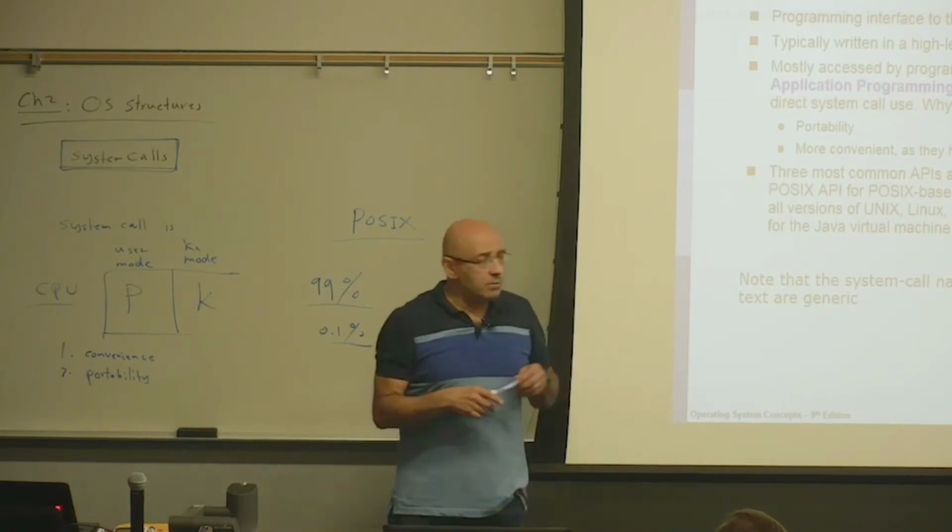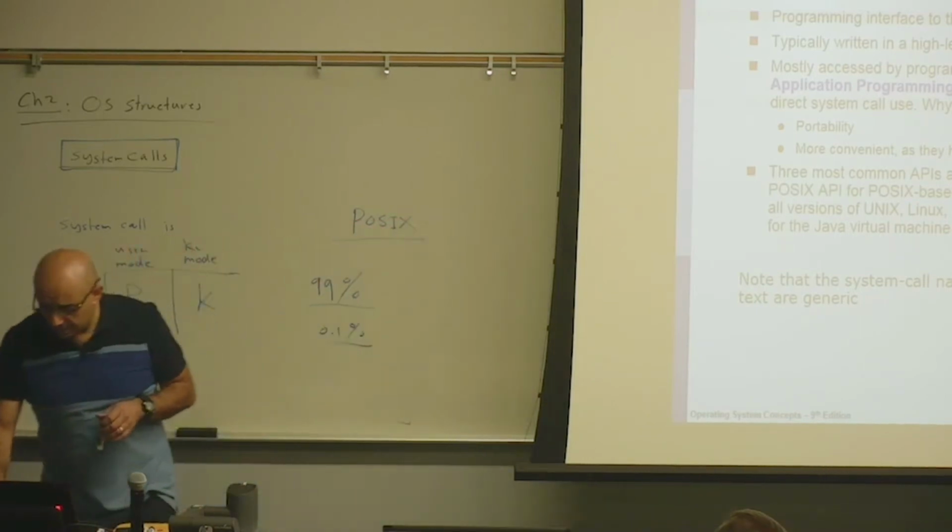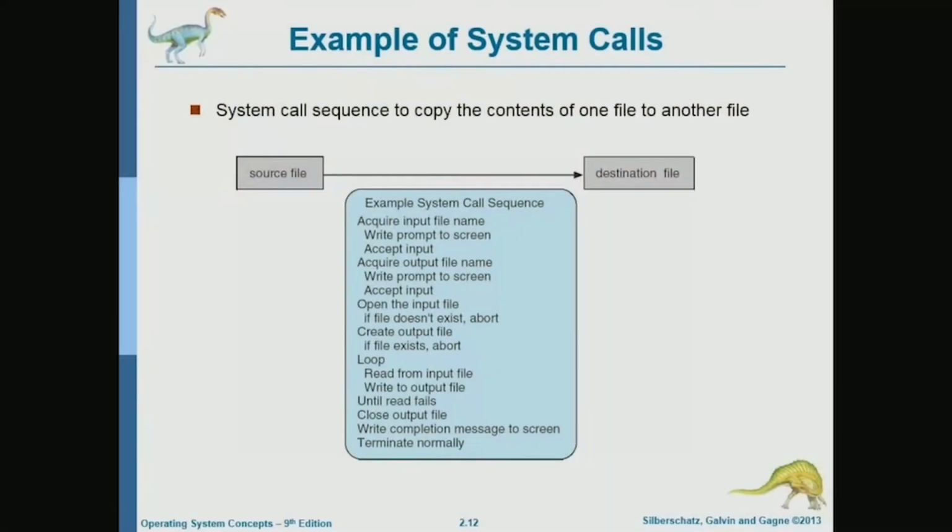And there is also the Windows API as well. Now here's an example that shows us how a typical application will make many system calls, regardless of how these system calls are called. They are not necessarily called directly.